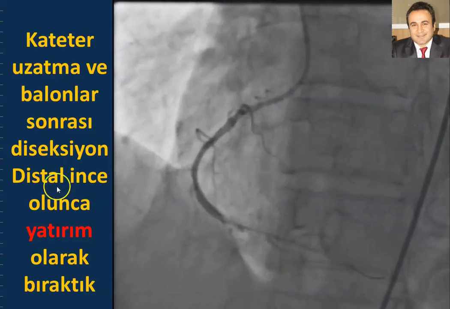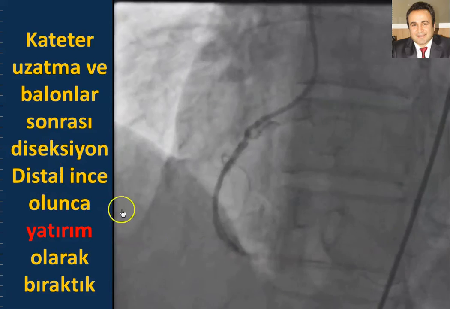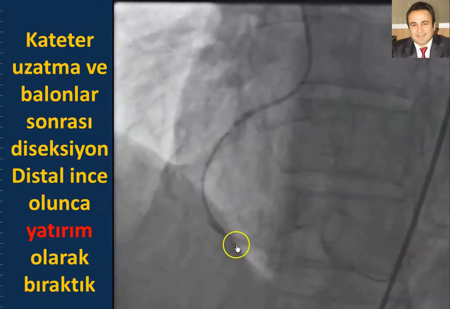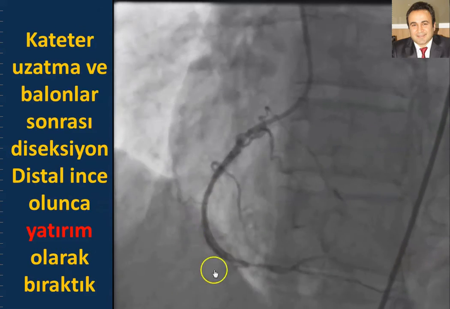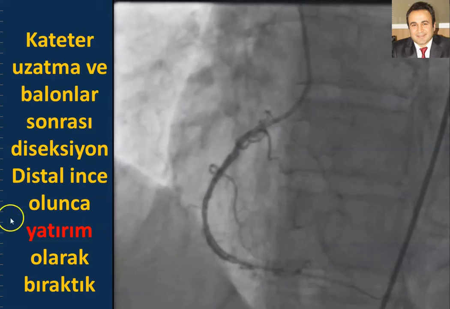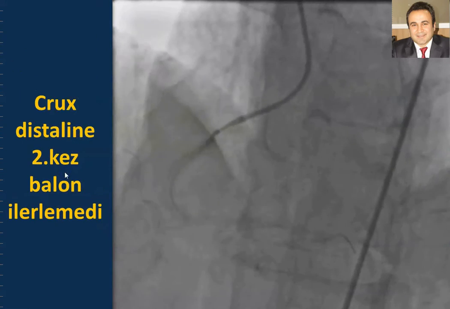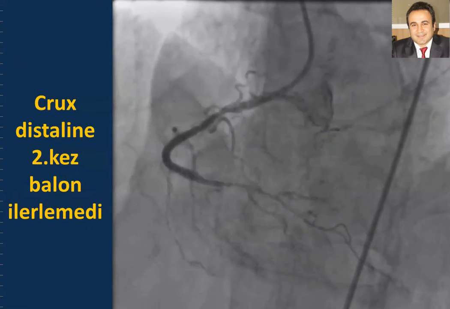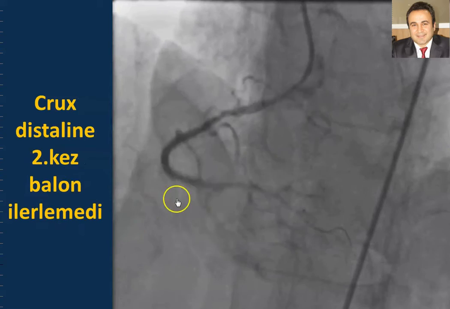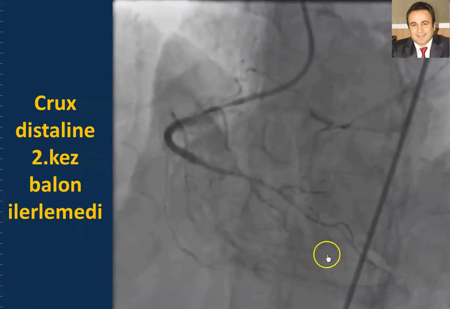Investment PCI was performed for the RCA at this moment. There was a linear dissection in this area. Because of that, we put a long stent, and we left the RCA at this position.